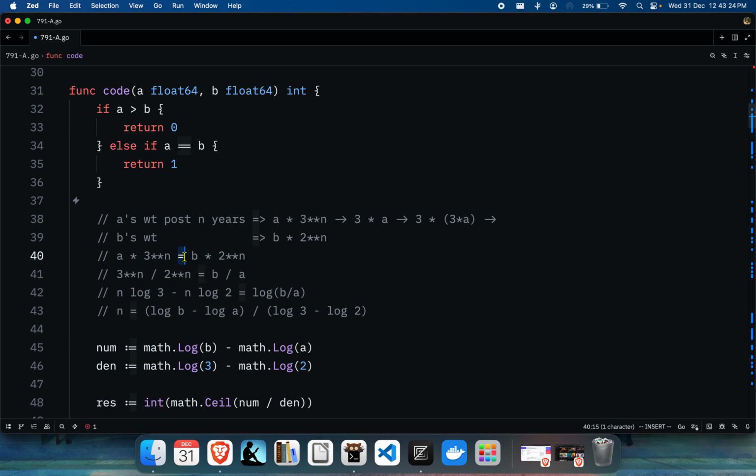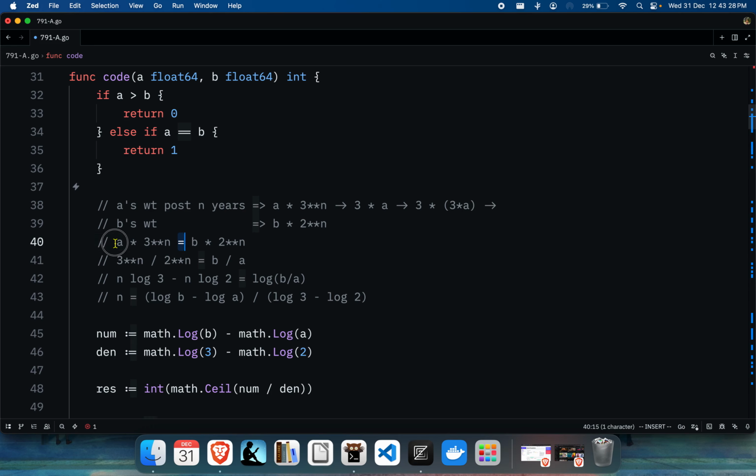If I get greater, that's a very good win. So I have an equation where A into 3 to the power n is equal to B into 2 to the power n, where A and B are constants. We know the thrice weight gain and twice weight gain, and we want to find n.